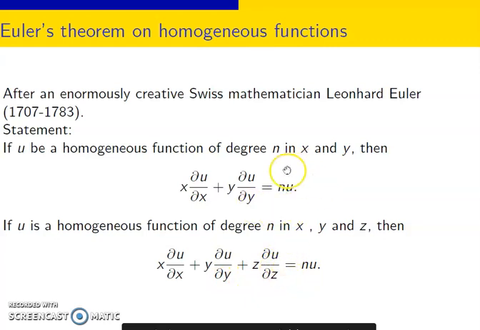This is the case with two variables x and y, and here we are using three variables x, y and z. So there is no need to find dou u by dou x and dou u by dou y, multiply by x and y and add; we can apply this directly in problems. The answer will be nu, so we just need to find the value of n, which is the degree.